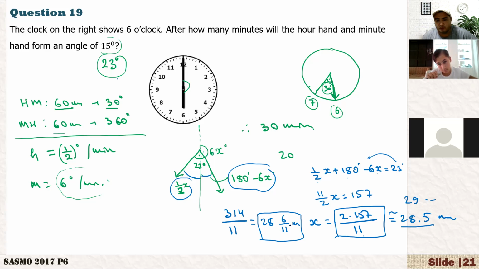Or as a fraction, the answer is 314 over 11. In international exams they mention exactly how you should leave your final answer. If they didn't say anything, we should give the exact answer.